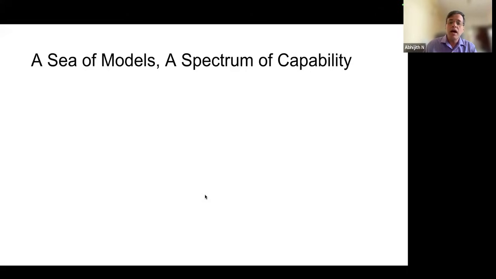I believe there are hundreds and thousands of models now, and LLMs are slowly becoming a commodity, where you are seeing a lot of these LLMs available, both open source, closed source, proprietary and open weight models. So I say that there is a sea of models and a spectrum of capabilities across each of these models, right?